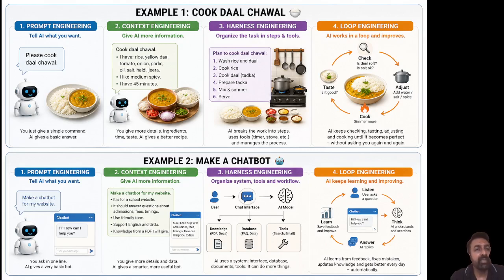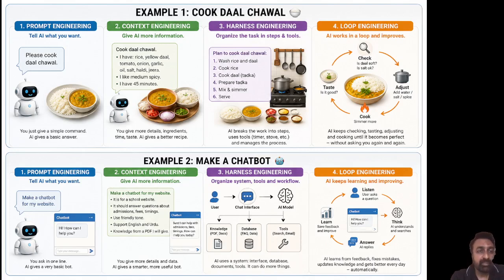For example, in our example here, when we said in prompt engineering just cook dal chawal, we did not have any specific instructions with it. With context engineering, we have added the instructions, we have added the recipe, and we have also asked specifically how to cook it.